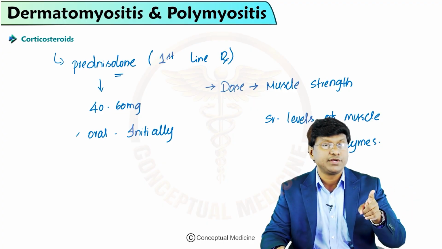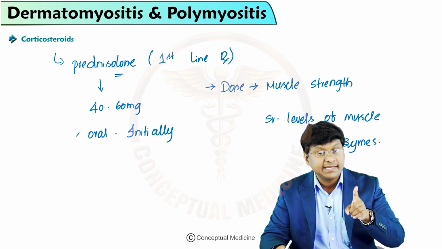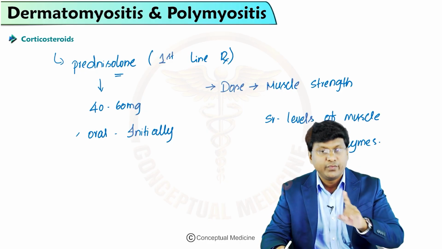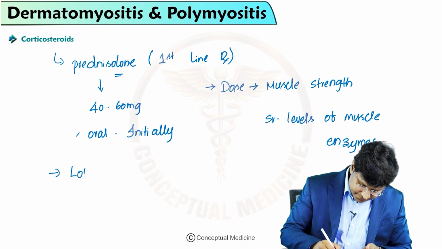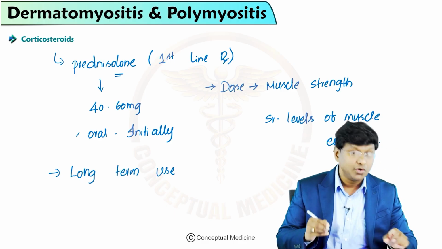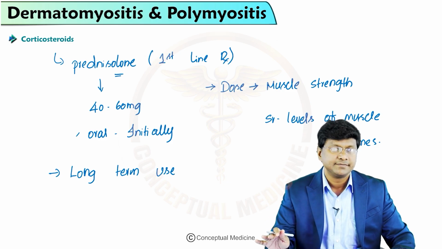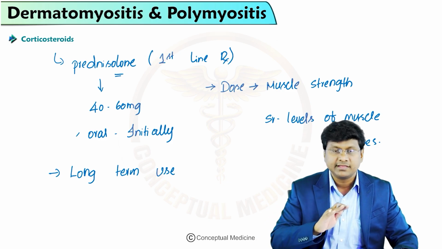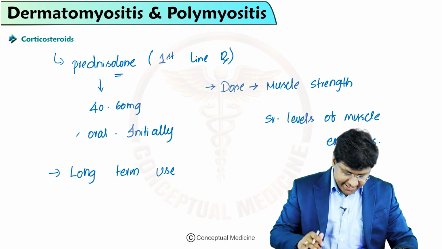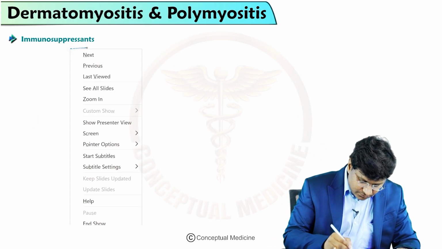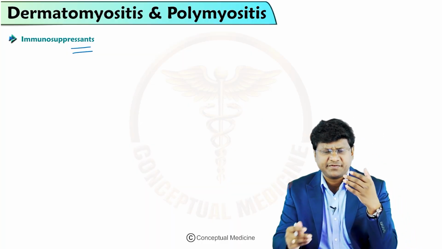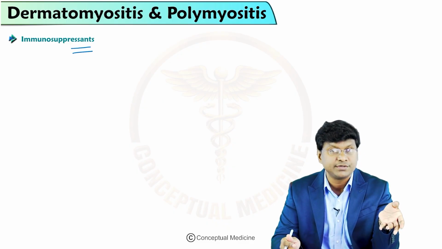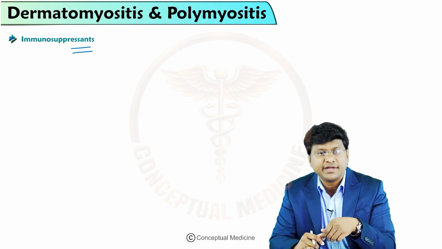Long-term use of corticosteroid is often needed and the disease may recur when they are completely withdrawn. And next to the corticosteroids, we have the immunosuppressants. For example, if the individual is not able to tolerate the corticosteroids, then you need an alternative immunosuppressant.